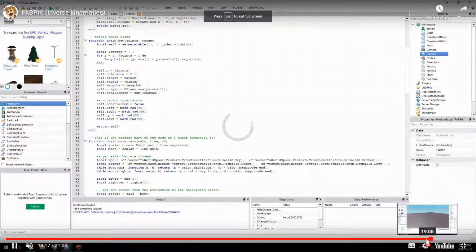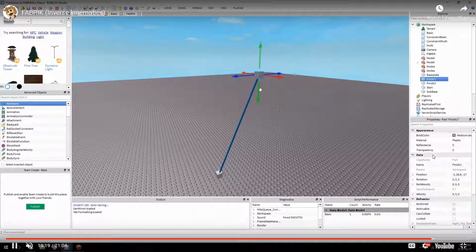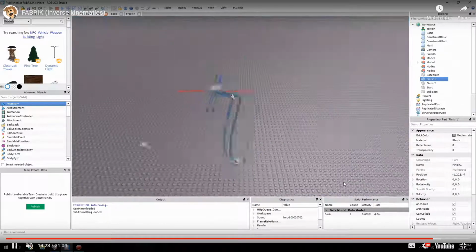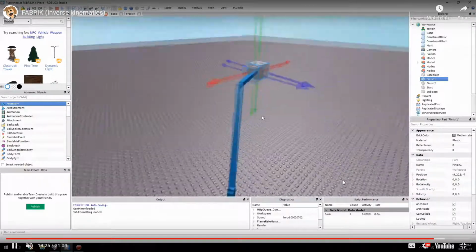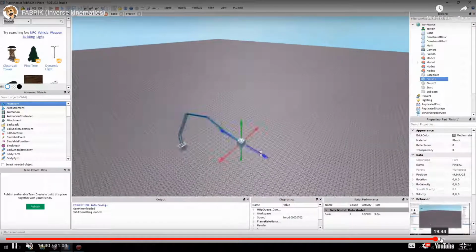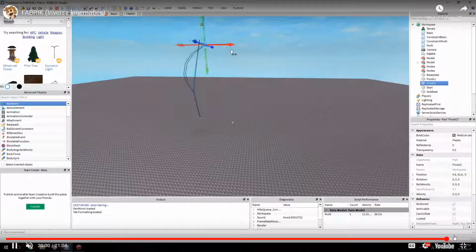This guy also had this visualization he made in Roblox that just shows you how it works. I don't know why he made it in Roblox of all things. But you can see it works. And you also have multiple joints.